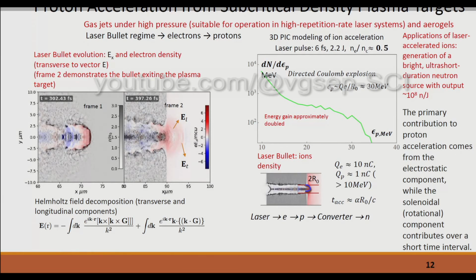The solenoidal part plays a role at the initial stage of acceleration, but it loses a lot of importance at later times.